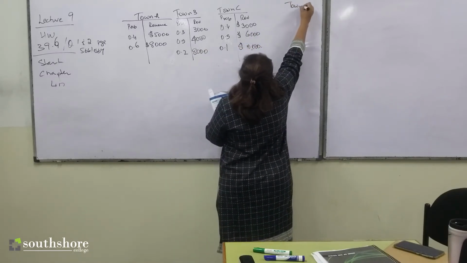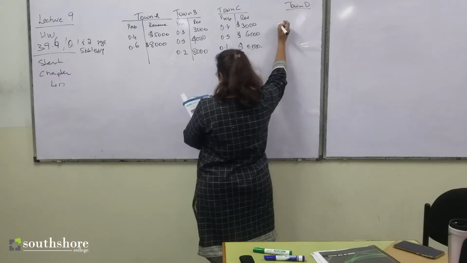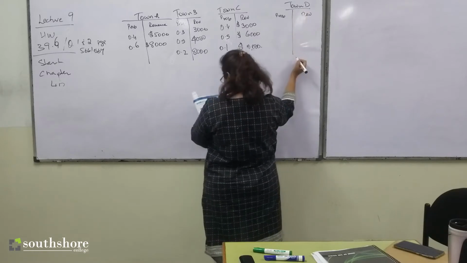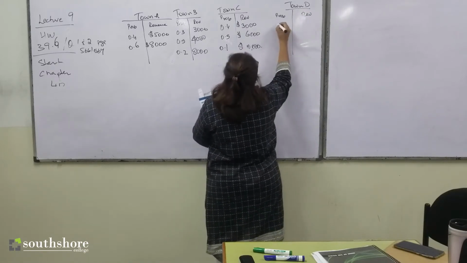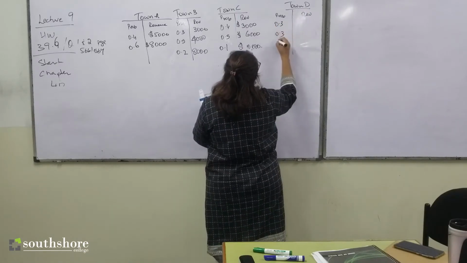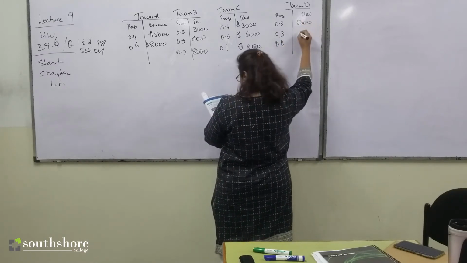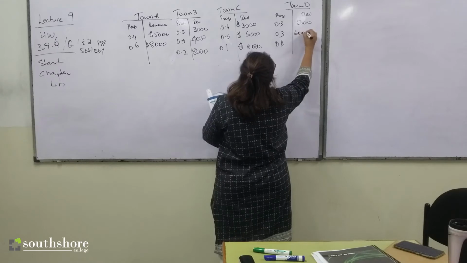Then we have town D. He has a probability, he has the revenue, and his options are 0.3, 0.3, 0.4, 5,000, 6,000.